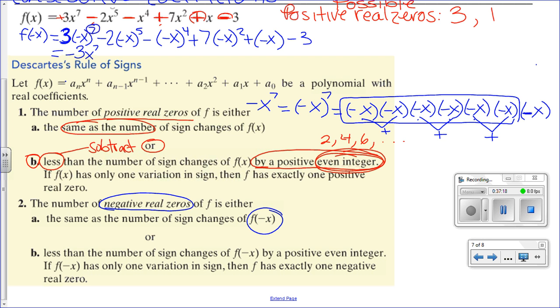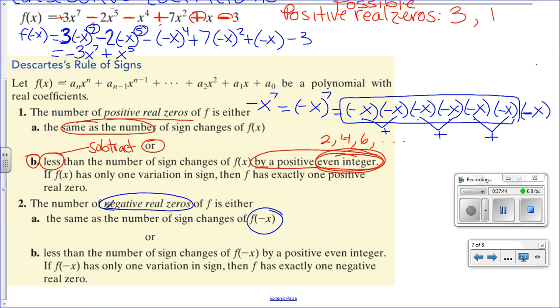Now here we have another odd power, so the answer that will come from there is going to be negative x to the power 5. Now that times negative 2 will give us positive x to the power 5. The next one, we have negative x to the power 4.